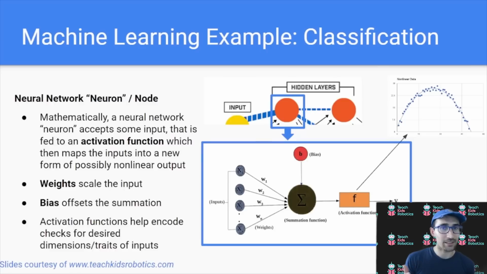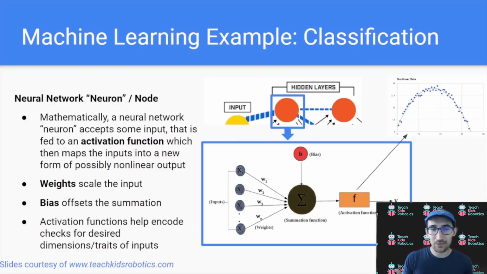Let's talk a little more specifically about what this neural network neuron or node is. What is that red dot in the graph, this hidden layer that magically controls and is able to identify whether or not something is something else and do this classification? So mathematically, a neural network neuron accepts some input, that's again in the form of numeric input, that is fed to an activation function, which then maps the inputs into a possibly non-linear output.